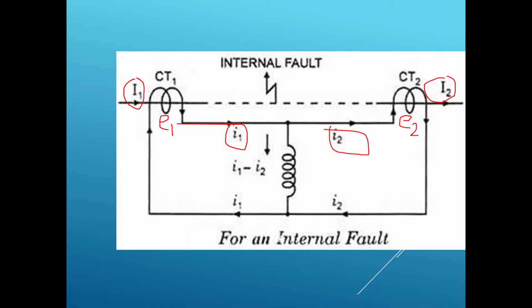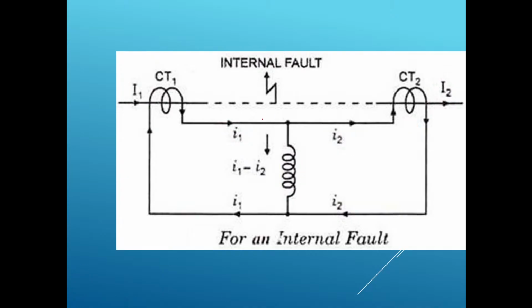So I1 and I2 are not equal, so the difference of these two currents will flow through the operating coil, and if that difference exceeds the preset, predetermined value, the relay will operate. The relay always compares the measured value with the preset value, otherwise the relay will not operate.